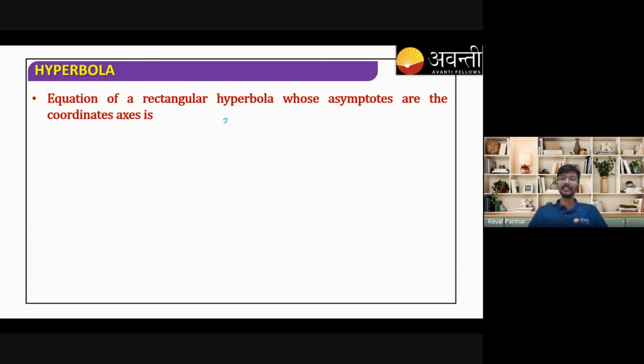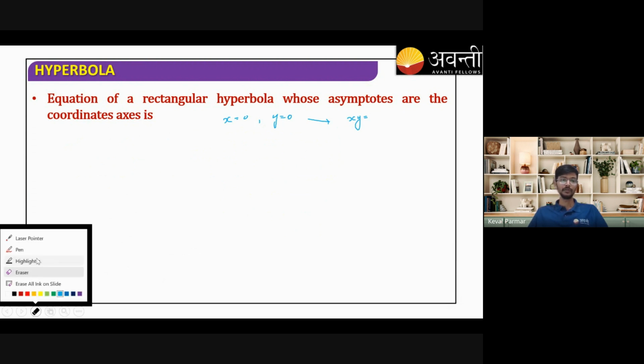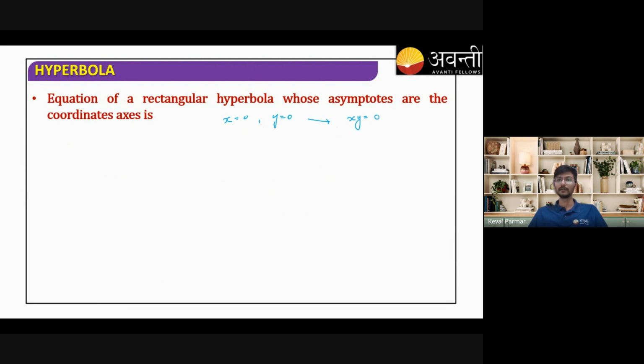So, let me erase this here. The equations of the coordinate axes are x equals 0 and y equals 0. What will be the joint equation? xy equals 0. Now, if you noticed, the difference between the joint equation of asymptotes and the equation of the hyperbola is just a constant, which is c.